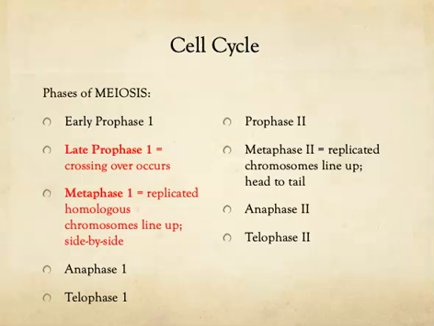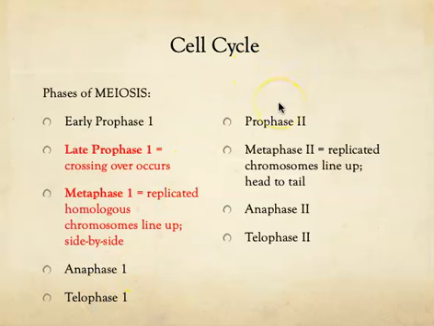Now let's take a look at the process of meiosis. Unlike mitosis, meiosis actually involves two divisions of the nucleus. During the first division, we have early prophase 1 and late prophase 1, then Metaphase 1, Anaphase 1, and Telophase 1.